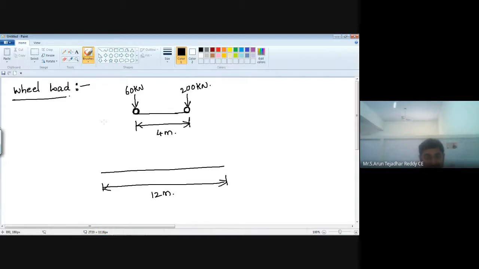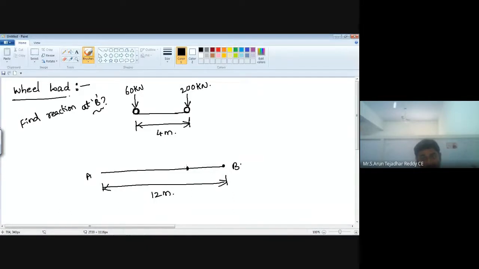First of all, you need to observe the given problem, that is find reaction at B. So it is A, it is B. This wheel load I can locate at point B only, because he is asking at B. So definitely I can locate my wheel load at this point with the 4 meter span.